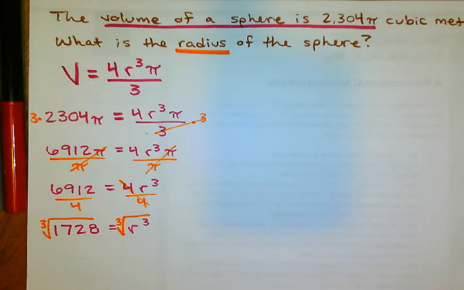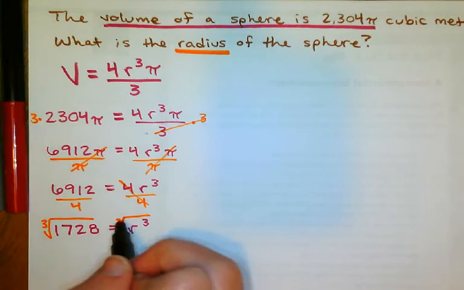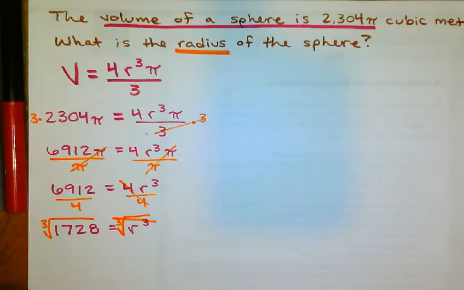So, here's how you can plug this into a calculator to find your answer here. Or you could guess and check if you don't have a graphing calculator, and I'll show you how to do that here in just a sec. So I'm going to plug in these cubed roots, and the cubed cancel each other out.